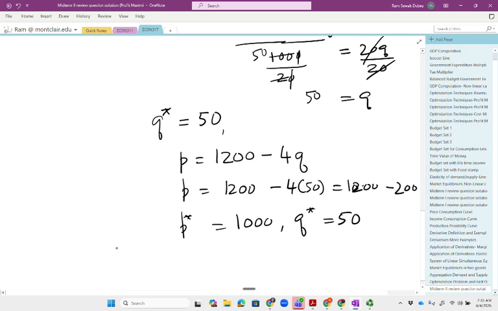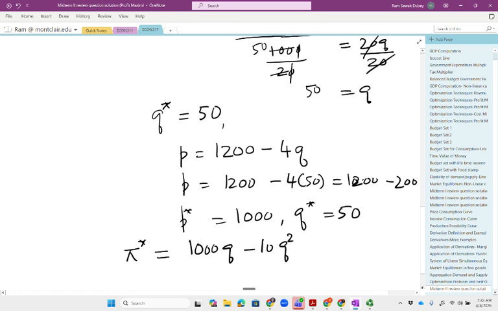We can also compute the maximum profit pi star, and I can do it two ways. First I will go back to the expression we have already obtained for the profit, which was 1000Q minus 10Q square.